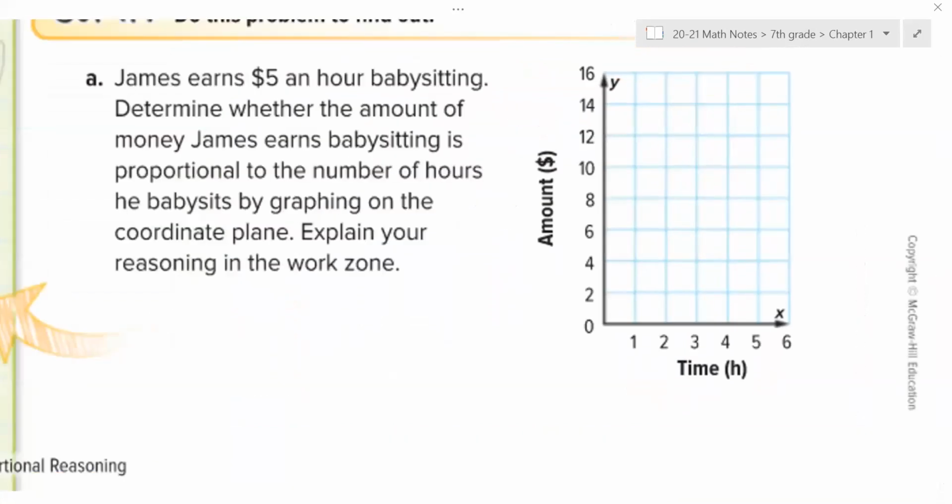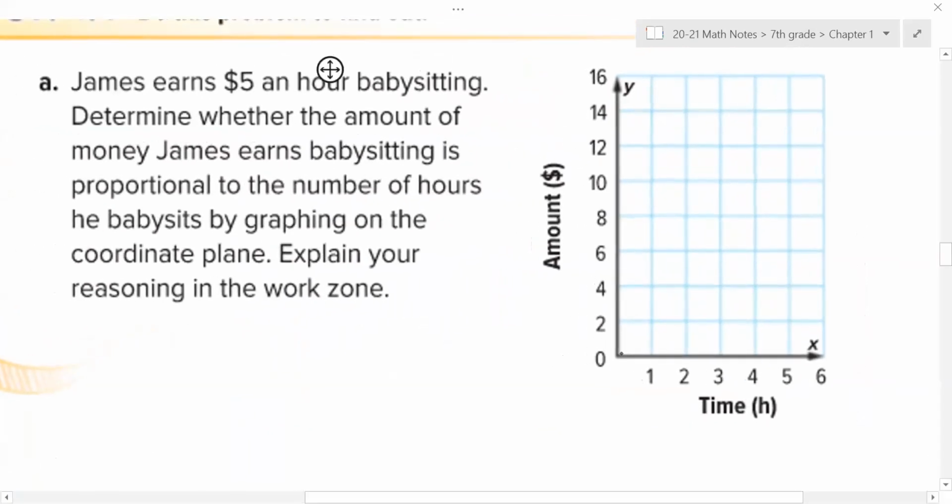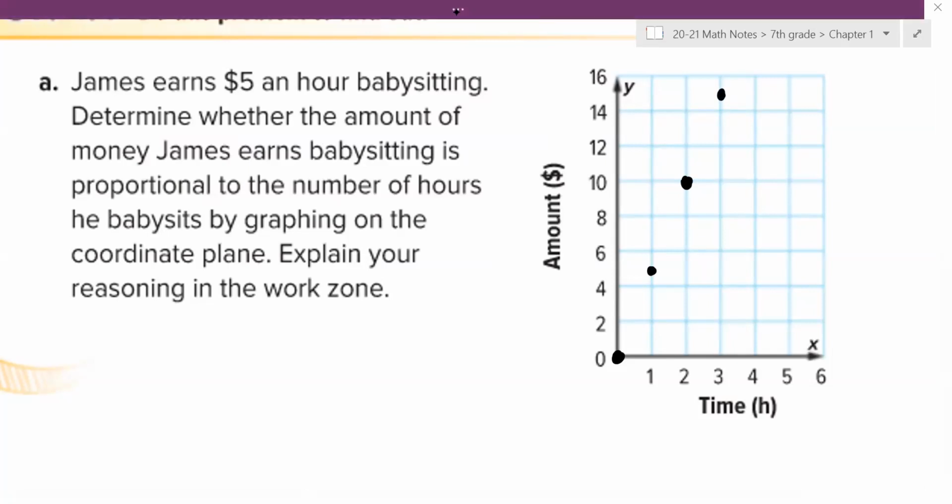So if he's not working, if there's 0 time, he's not earning any money. So that's going to be the origin, (0, 0). Then after 1 hour, he will have earned $5. Then after 2 hours, he will have earned 10 bucks. Then after 3 hours, he would have earned $15.